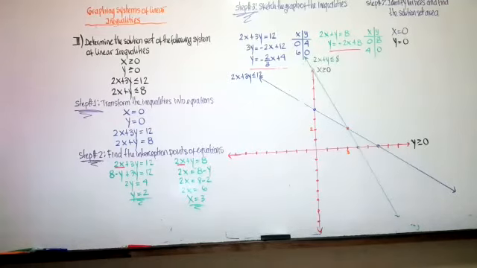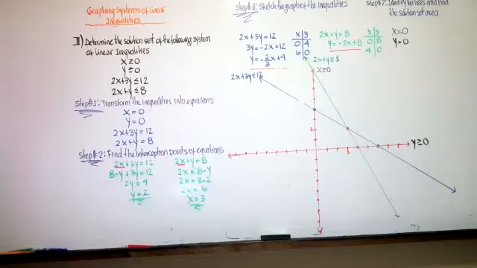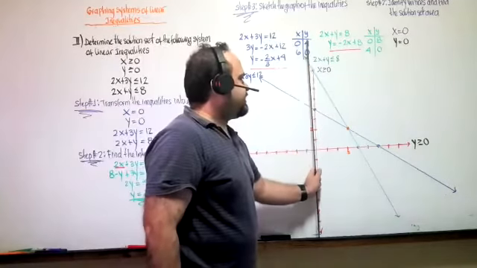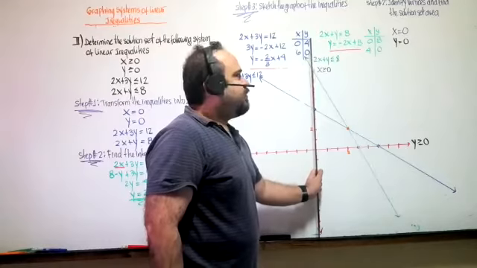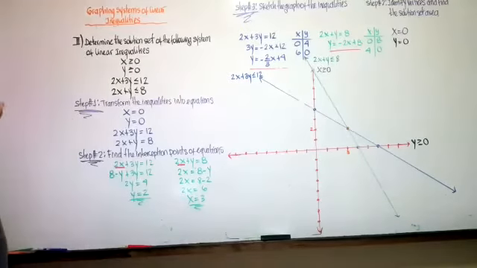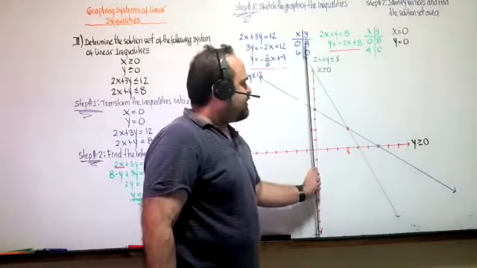For example, I'm going to start with the easier ones, the letter x, the vertical line, and after that, the horizontal line. This is the vertical line for x. The problem says, what are the values greater than or equal to 0? 0, 1, 2, 3.